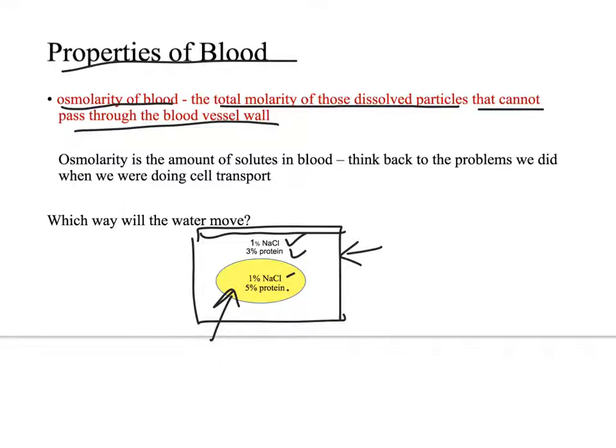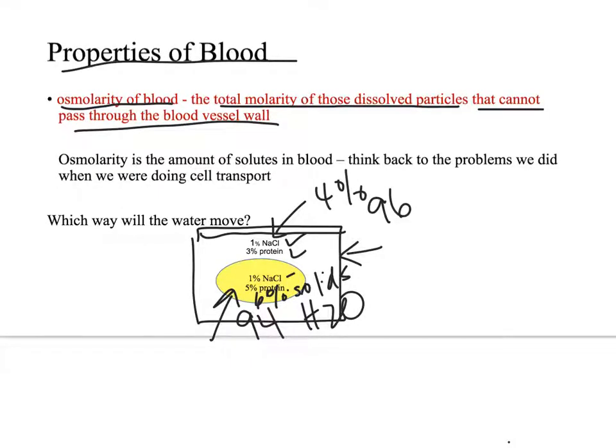If I look at this, I would say this is 6% solids, and this is 4%. So that means I have 94% water out here and 96% water out here.